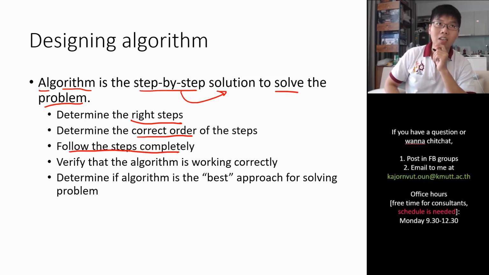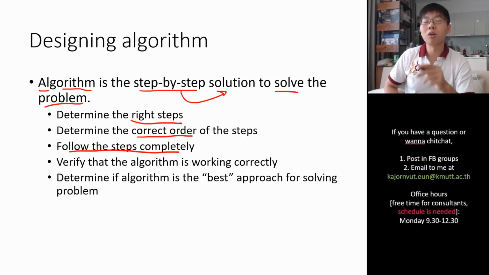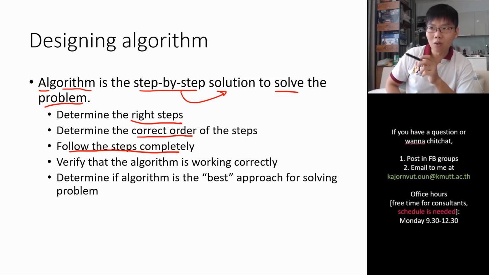There are words by a wise man, I'm not sure who said that in the books, but he said technology is made for people, not vice versa. Technology is made to serve people, which just means that what you write down in the program is going to be followed 100%. It doesn't change.